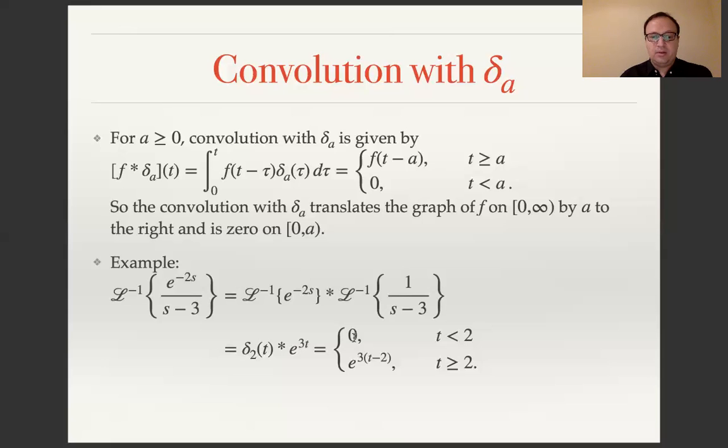And so we have 0 when t is between 0 and 2. So that's the gap left behind by shifting the function to the right by 2, and it is e to the power 3 times t minus 2 when t is greater than or equal to 2.